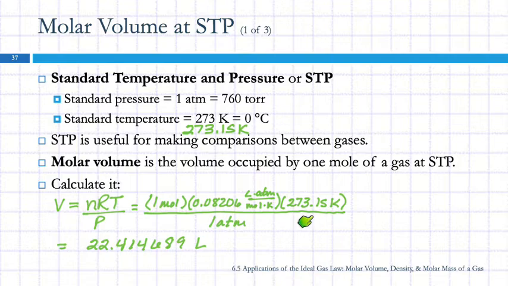So if we use this full value, because the 0 is exact, this is 4 sig figs, that's 5, this is 4. So we could have 4 sig figs here. 22.41 liters is equal to 1 mole at STP. The book usually uses just 3 sig figs, 22.4.